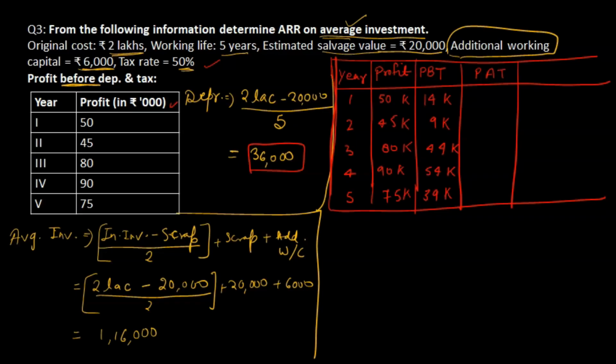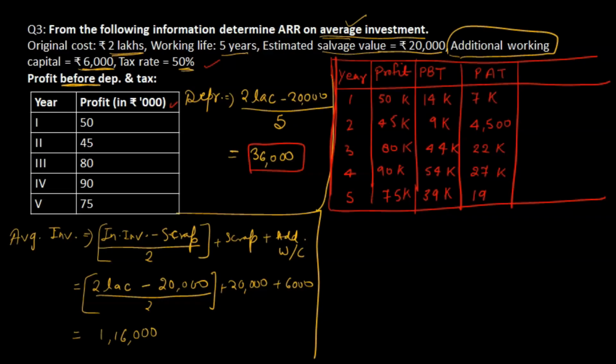On 14,000, 50% is 7,000, so 14 minus 7 will be 7,000. On 9,000, tax is 4,500, that will be deducted, so we will get 4,500. On 44,000 we deduct 50% tax, calculate it and deduct from this PBT, and you will get the figure.